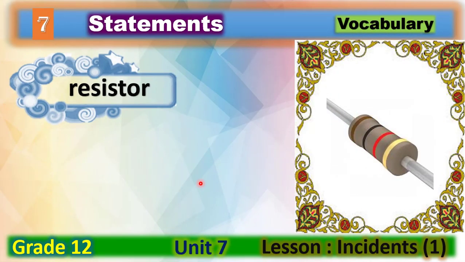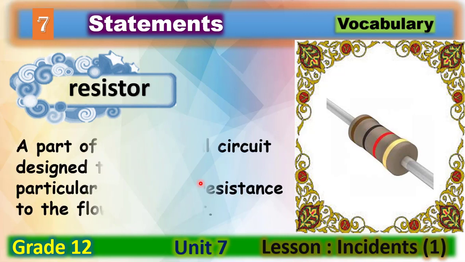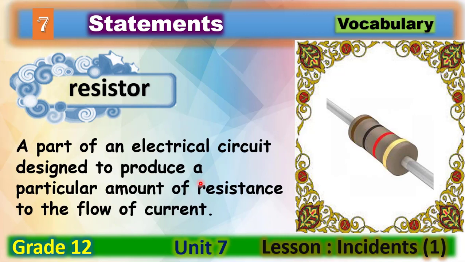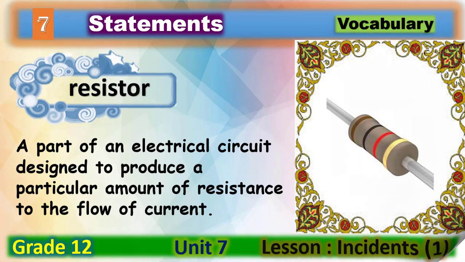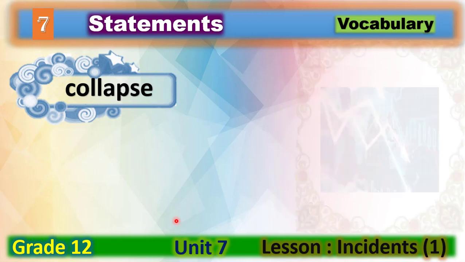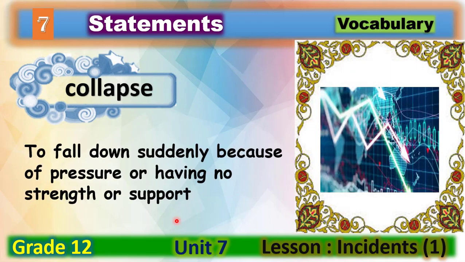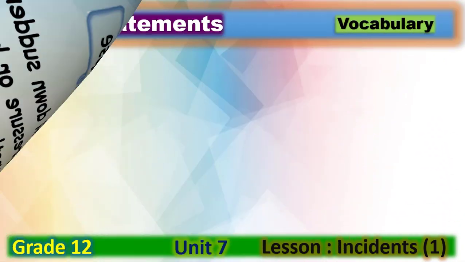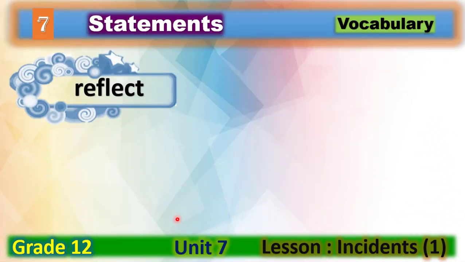Next, resistor, a part of an electrical circuit designed to produce a particular amount of resistance to the flow of current. Collapse. Collapse means to fall down suddenly because of pressure or having no strength or support. Reflect.